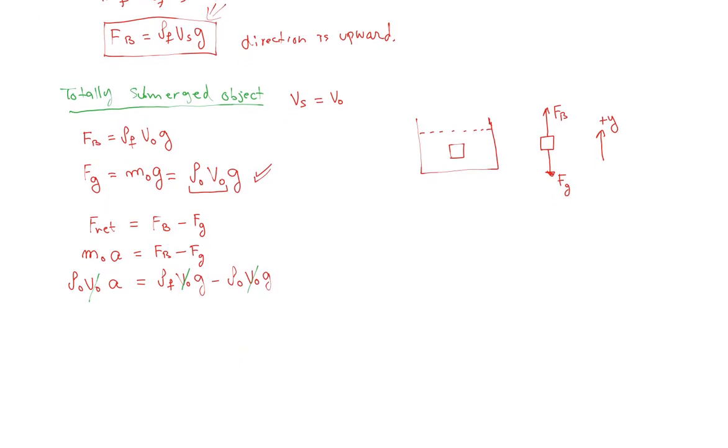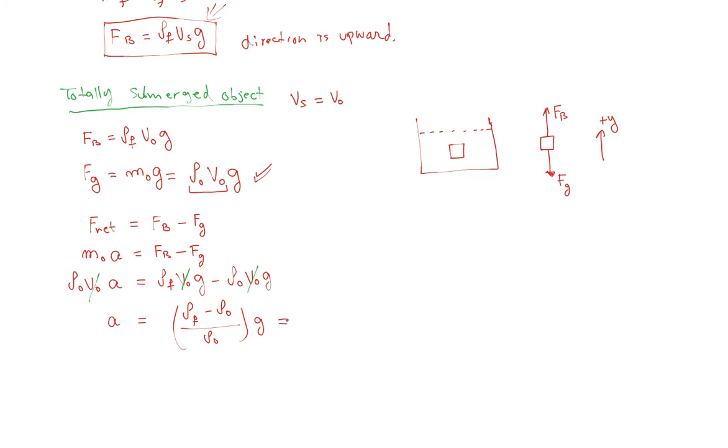Okay. So we are basically looking for acceleration. So acceleration then equals rho of fluid minus rho of object divided by rho of object. So I just rearrange this equation, and then G is common factor.